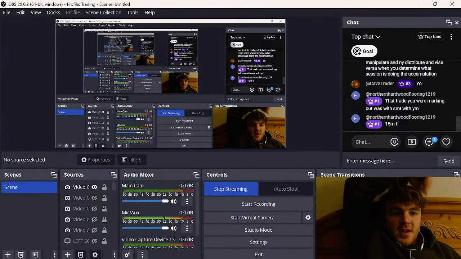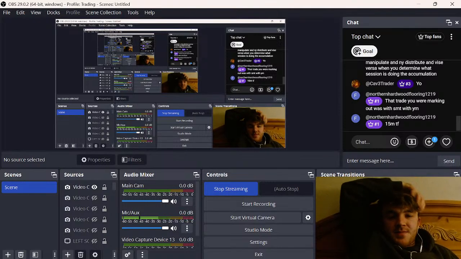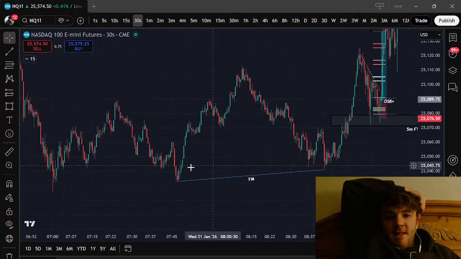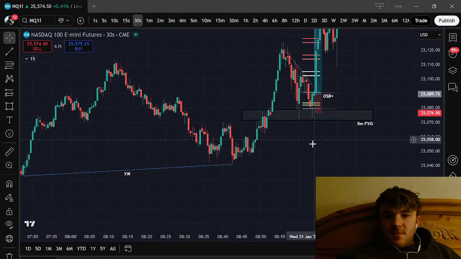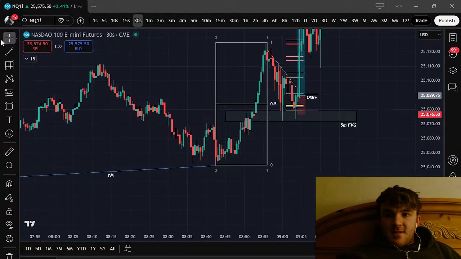That trade you're marking out with SMT with YM. Yeah, there's SMT with YM at the low. The other cool thing about this is we've rebalanced the discount.